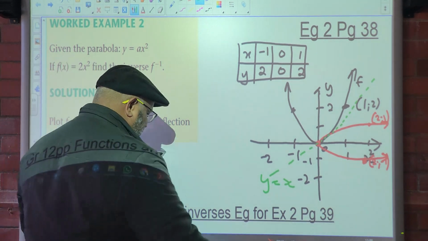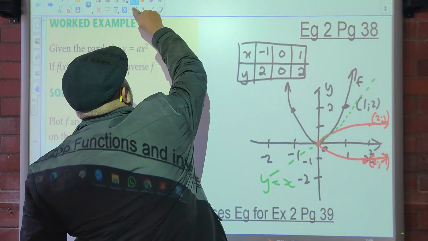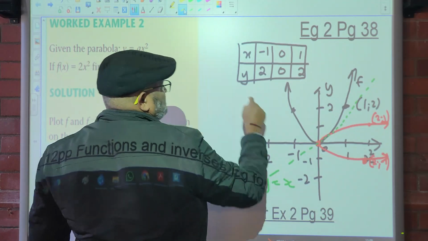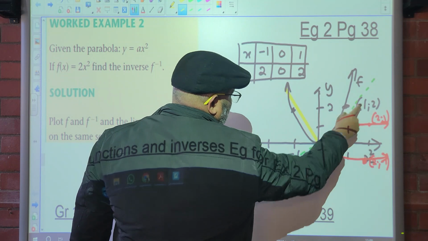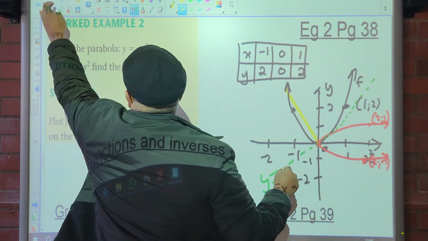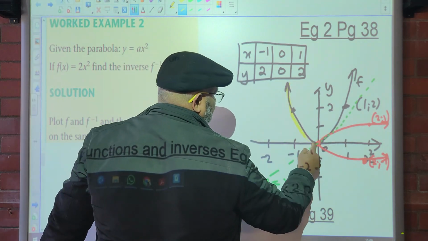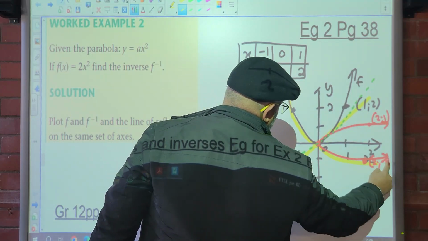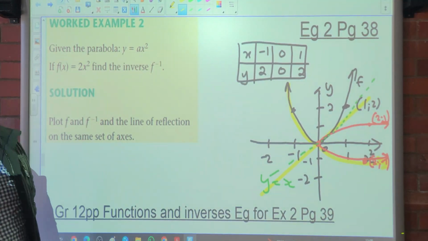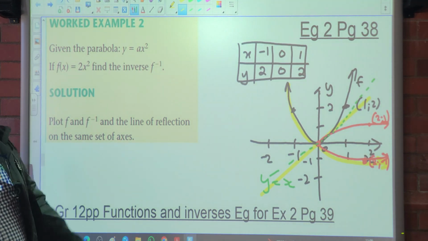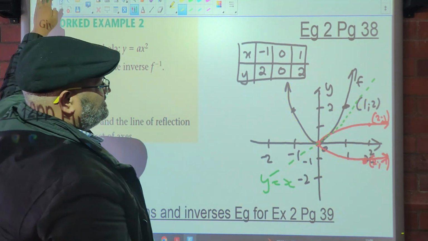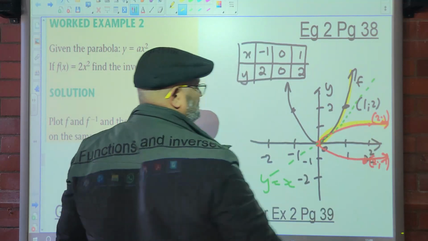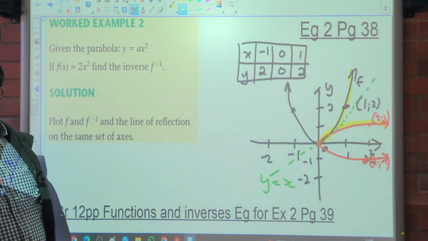This part of the graph here is reflected in this line, y is equal to x, and will fall exactly onto that part of the graph. And the other part here will fall exactly onto it. Okay?